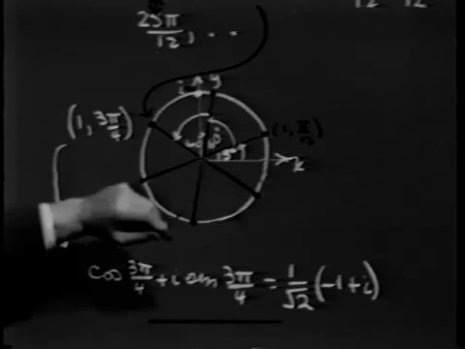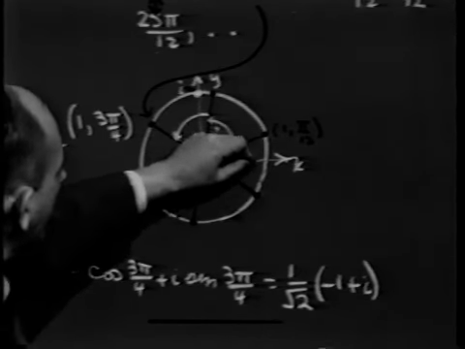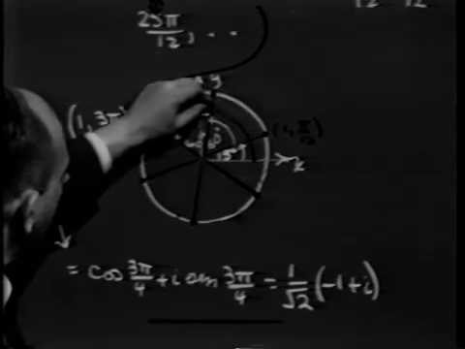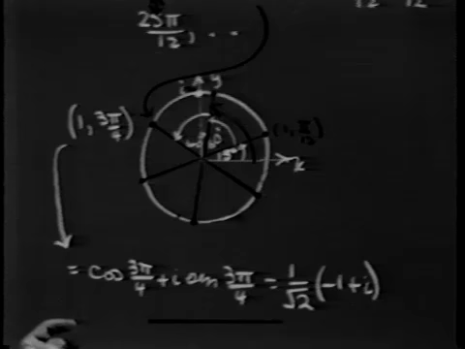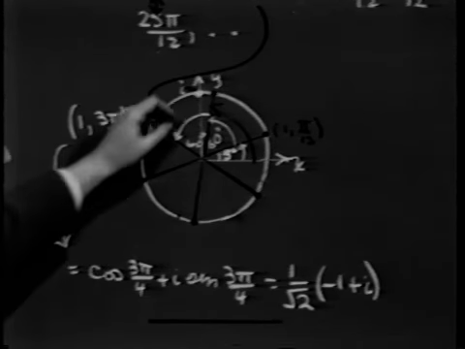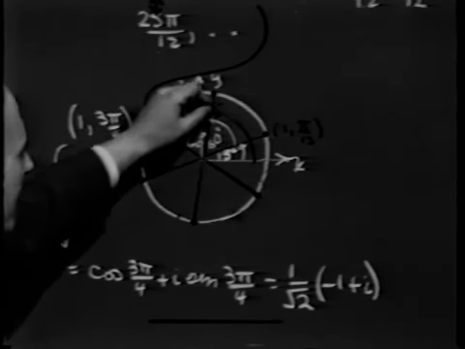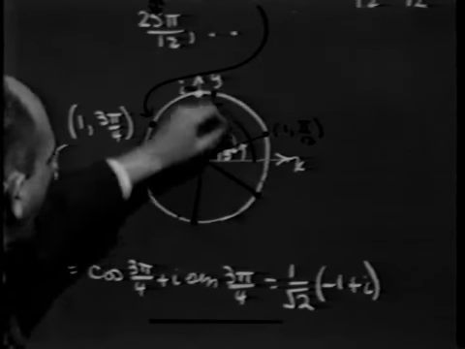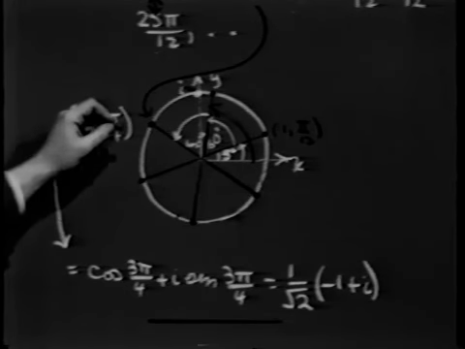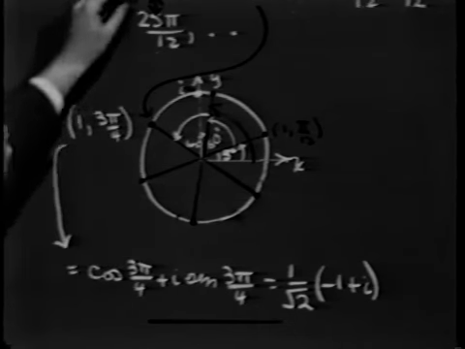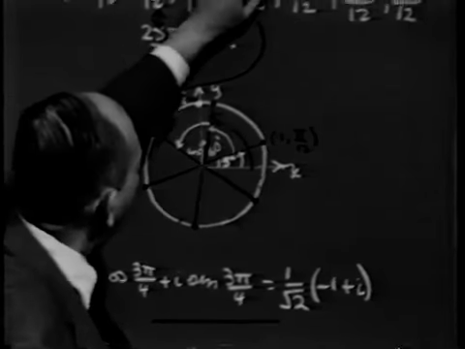Notice that, for example, if I take this one, which is 75 degrees, if I take 75 degrees 6 times, notice that I come back, what? 75 times 6 is 450. It means I go all the way around and come back to i when I raise this to the 6th power.